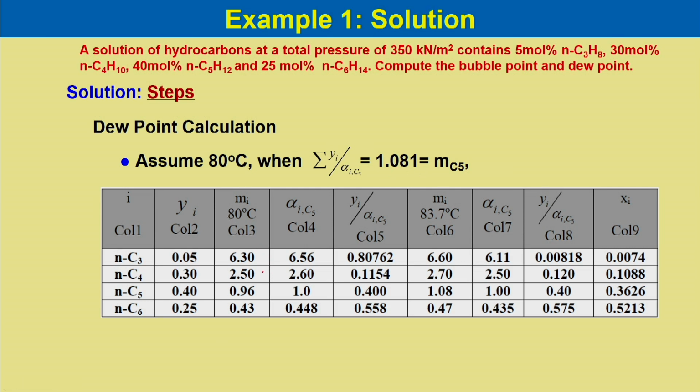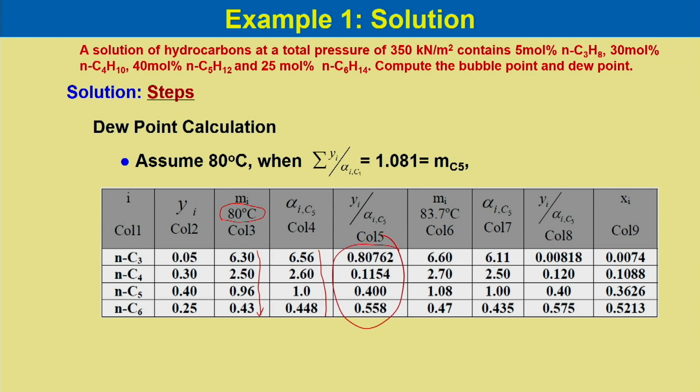Like the bubble point, in the dew point we have to assume the temperature. At that temperature we have to calculate the distribution coefficient. Once this is noted, we can calculate the relative volatility, and then we can divide the mole fractions by the relative volatility, and obtain the data as shown in column 5.